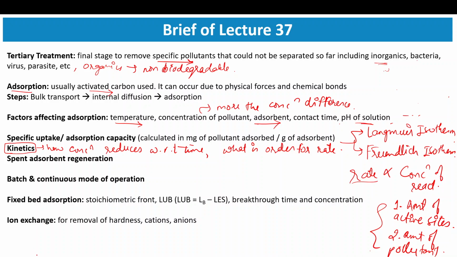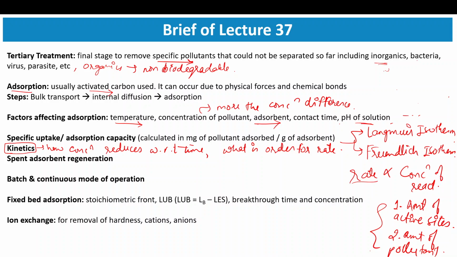Okay. So regeneration is required when the adsorbent is saturated. Okay. So in industries, the cost of the process increases a lot if the adsorbent is saturated and you are discarding that adsorbent.